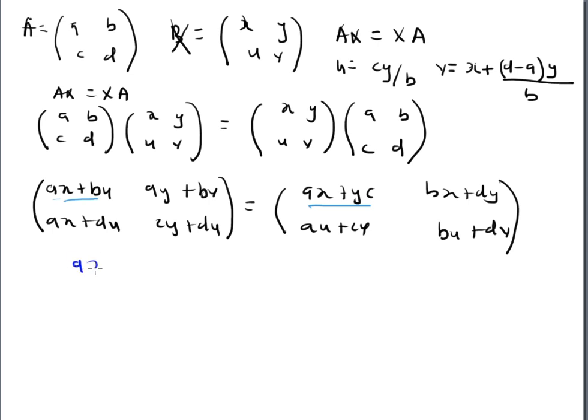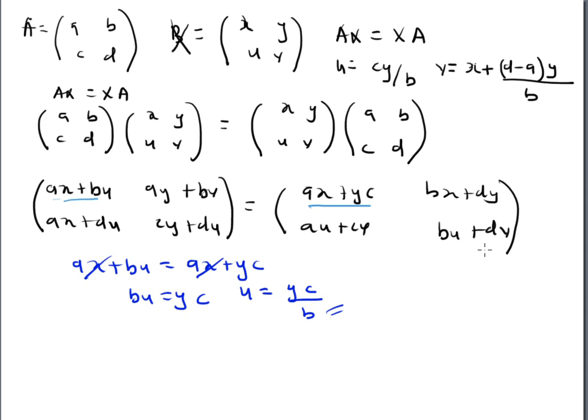Okay. So AX plus BU is equal to AX plus YC. Okay. Now we cancel this and we get BU is equal to YC. Right. So now U is equal to YC on B. Okay. Hence the first one has been proved. Please, do you get how we came about it?